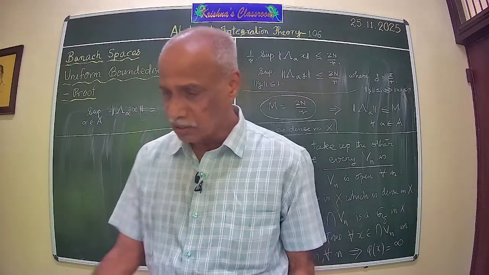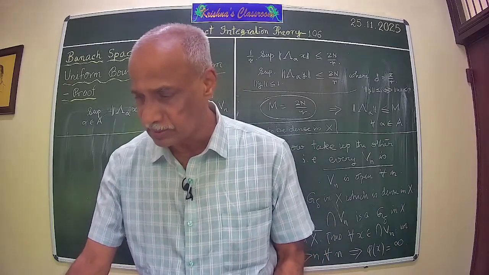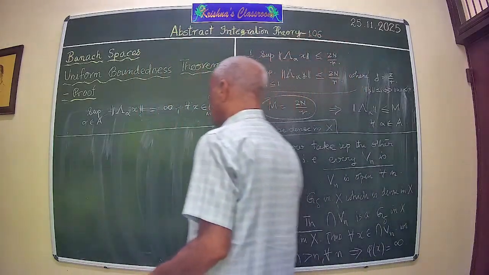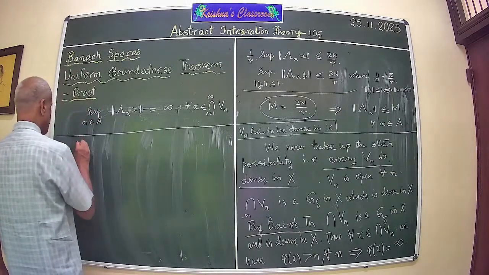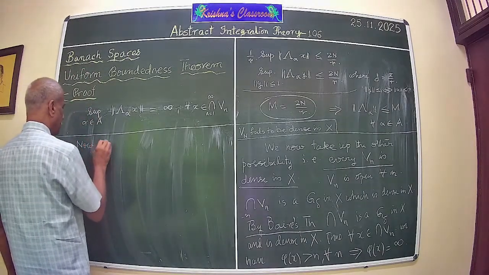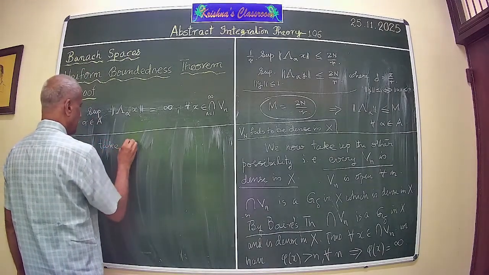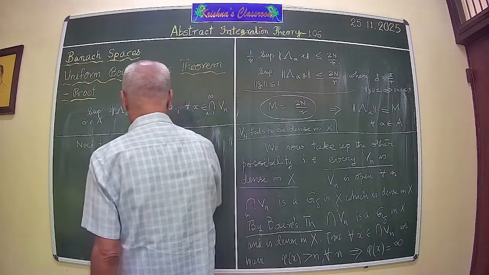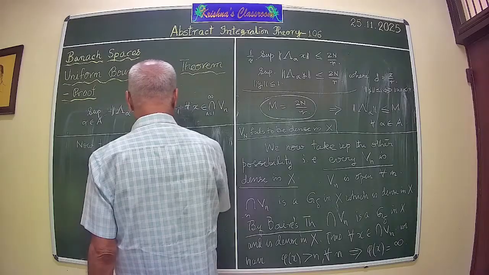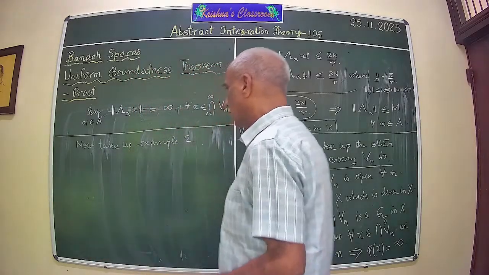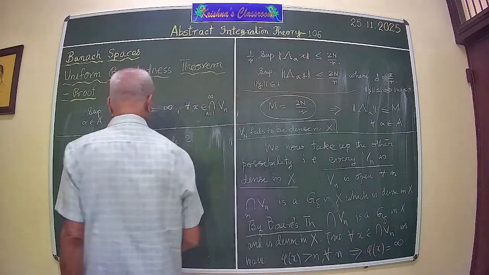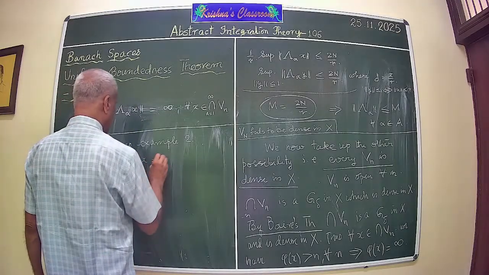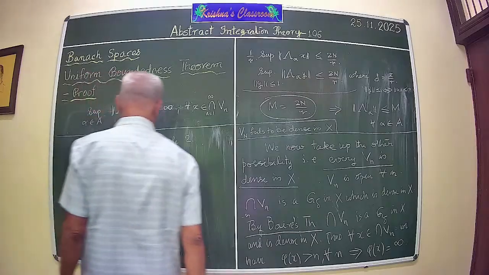Okay, let me also make a remark. How does this work on the example? So if you look at the example, in example 2, where we have assumed that alpha x.